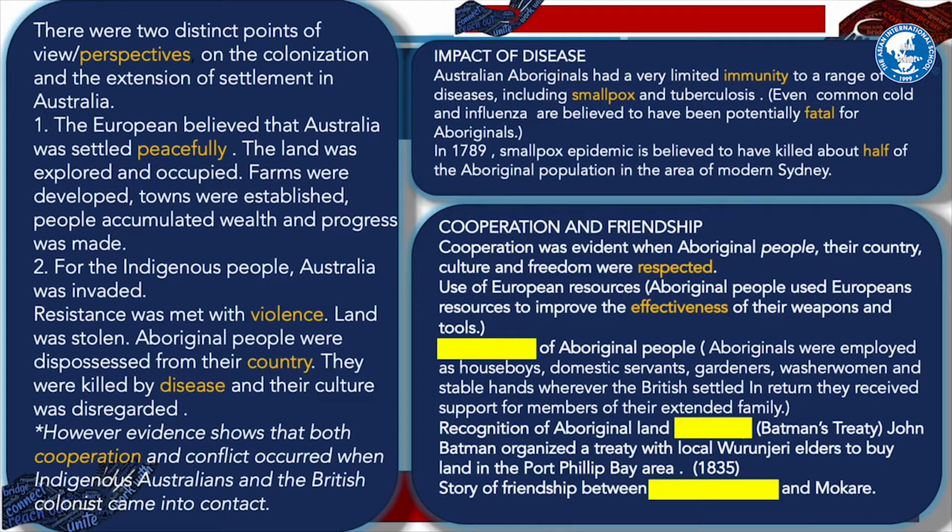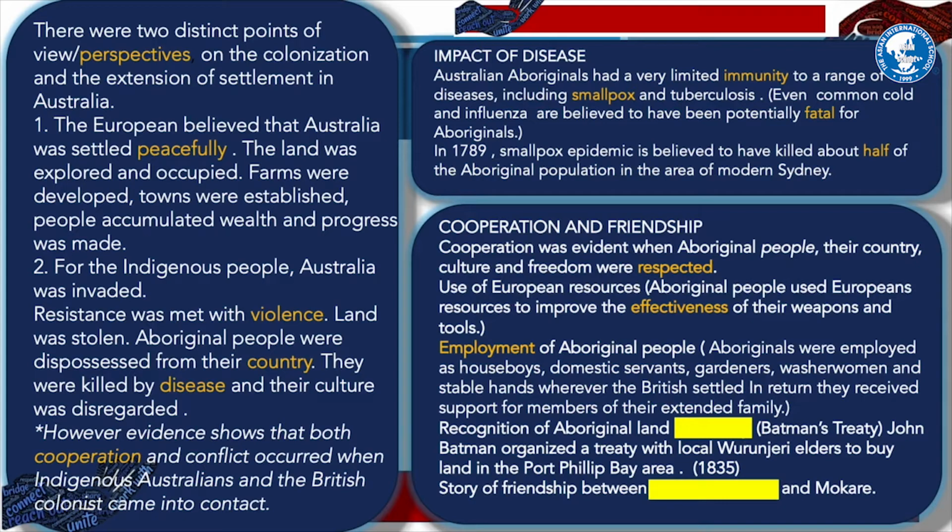And blank of Aboriginal people. That means Aboriginal people were employed as houseboys, domestic servants, gardeners, and others. What's the answer? Employment of Aboriginal people. And in return, they received support for members of their extended family.